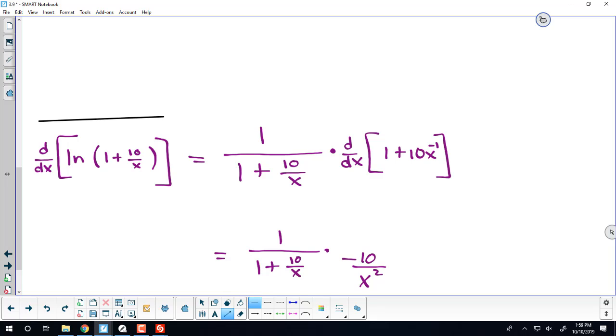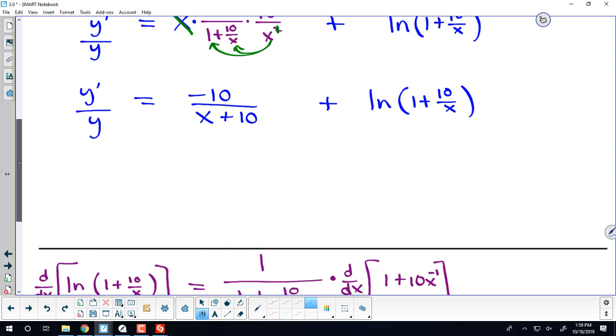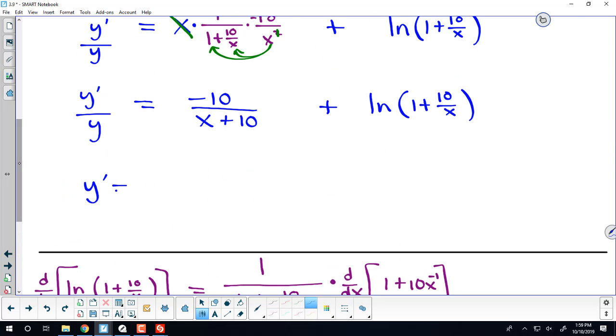So this was like our side work, intermediate work for that problem. So y, we're multiplying through by y. The original function was 1 plus 10 over x to the x times all of that stuff we had on the right.